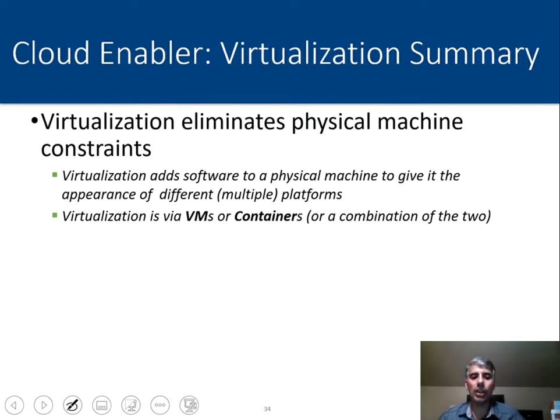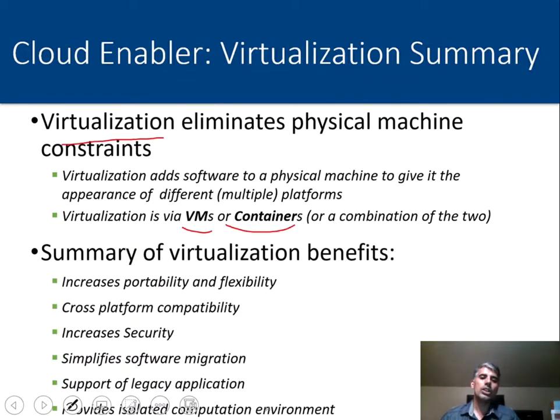And it can be done in the form of VMs and containers. So a summary of the benefits of virtualization is as follows. They increase portability and flexibility. I guess we are all convinced of that.